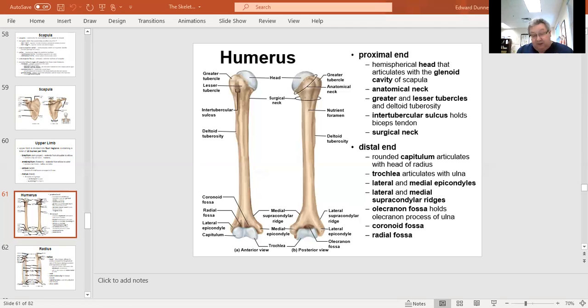Now going down distally, we have the lateral epicondyle. Remember, this is known as the common extensor tendon. So here is a list of some of the muscles that come from this area. Anconeus, remember, it's that small muscle that helps with elbow extension.